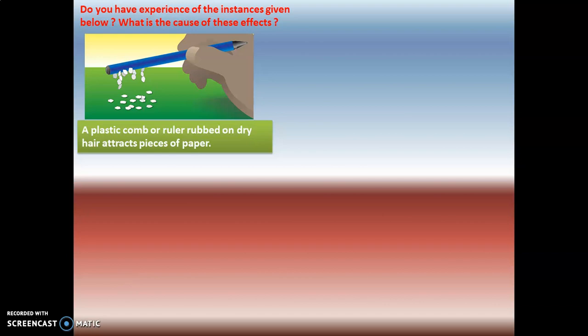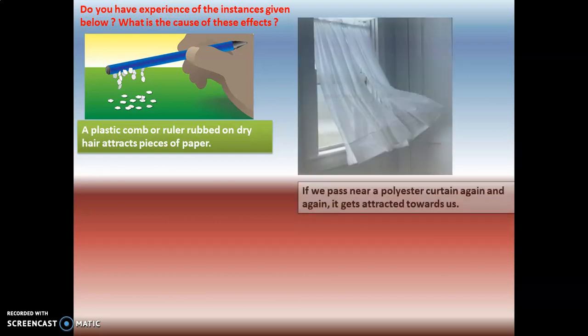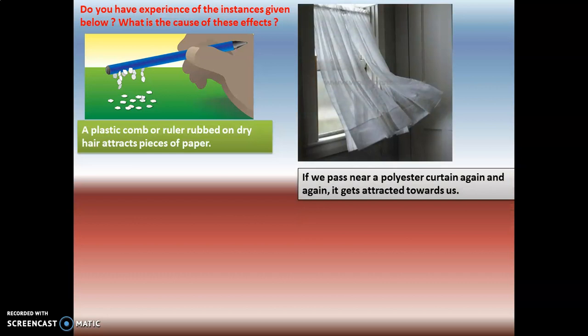Have you observed the instances given below? What is the cause of this effect? Now you must have seen some of these instances as shown in the diagram. A plastic comb or ruler rubbed on dry hair attracts pieces of paper. If we pass near a polyester curtain again and again, it gets attracted towards us.